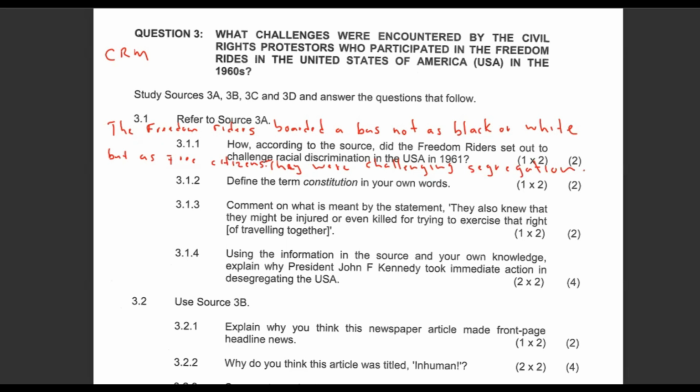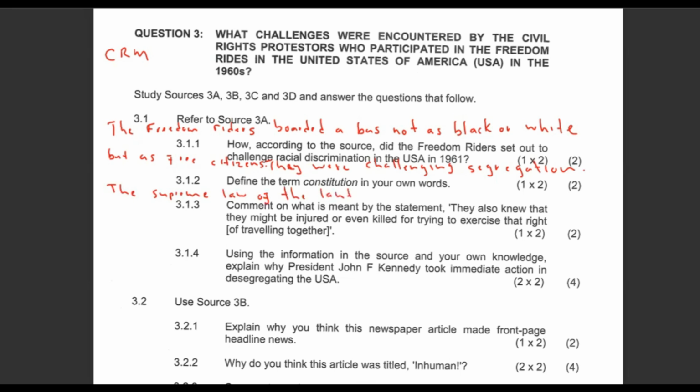Define the term constitution in your own words. So constitution, in simple terms, you can say the supreme law of the land.